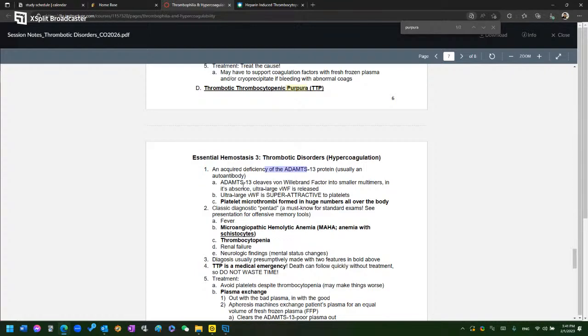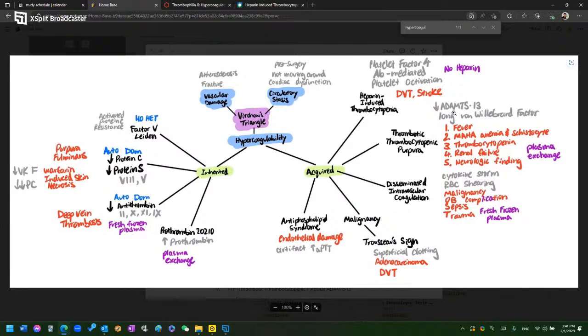But if you have not enough of this ADAMTS13, maybe because of an autoantibody towards that, your platelets are going to get attracted to this long von Willebrand's factor. I guess they're more interested. There's more places to bind for von Willebrand's. So that will cause your clotting.